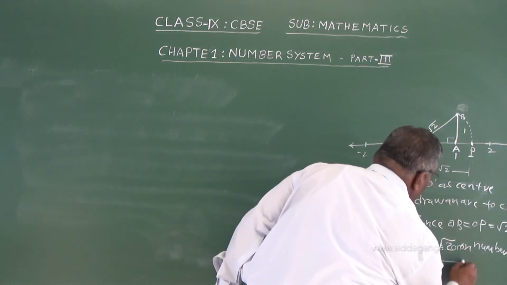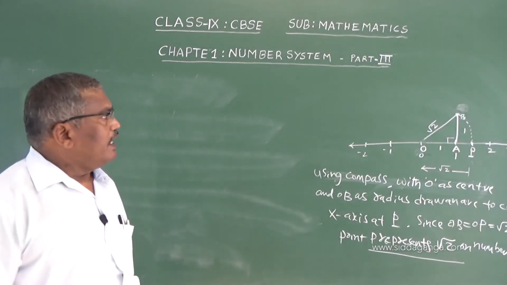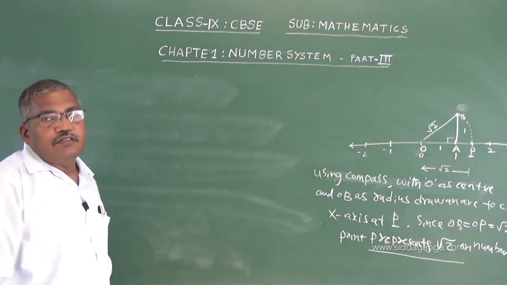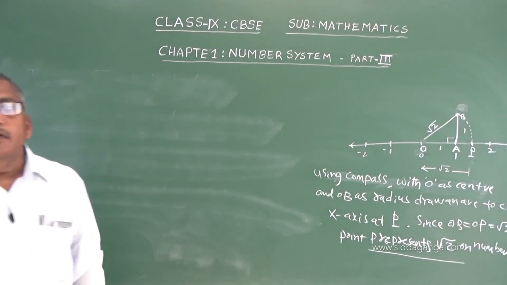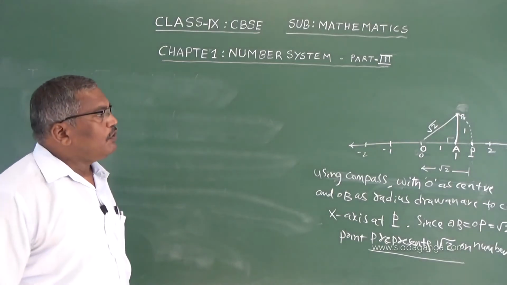See, we have marked root 2 on the number line. So, what we need is root 3. So, therefore, we have to continue construction a little more.